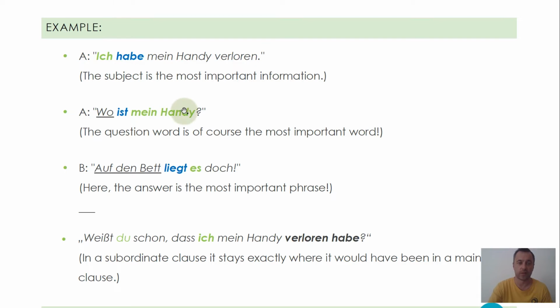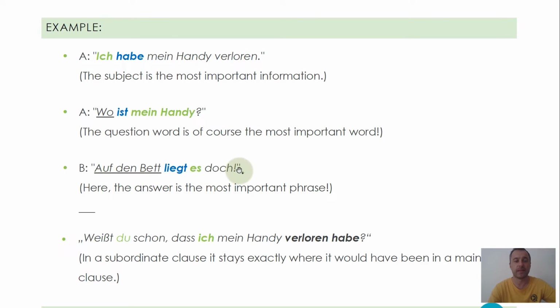The subject goes behind the conjugated verb, because remember the main rule about German sentence structure: the verb goes in position 2 in any main clause at all times. That is non-negotiable. That's why if we put something else in front of the conjugated verb, the subject goes behind the conjugated verb.